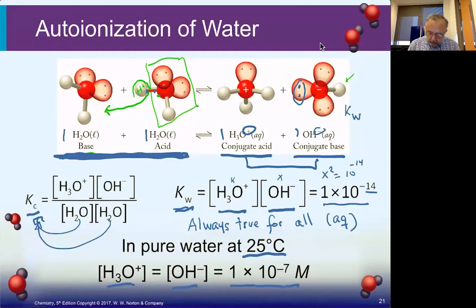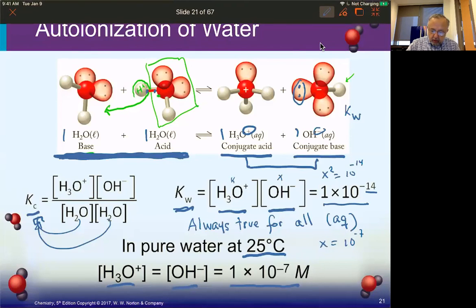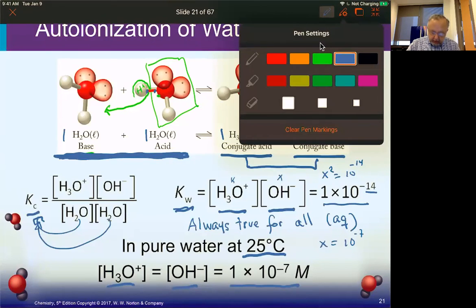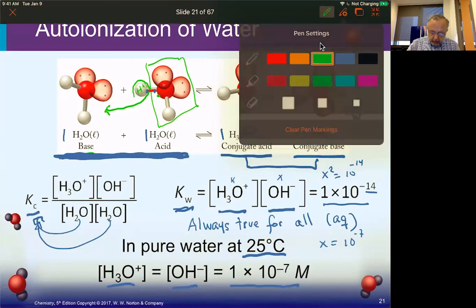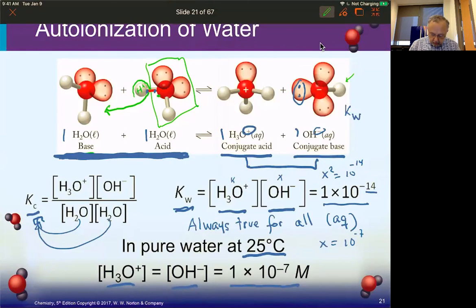X is going to be the square root of that, which is 10 to the minus 7. That's why the concentrations of hydronium ions and hydroxide ions in aqueous solution are always this for neutral water.